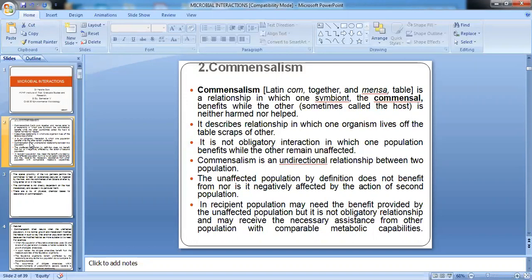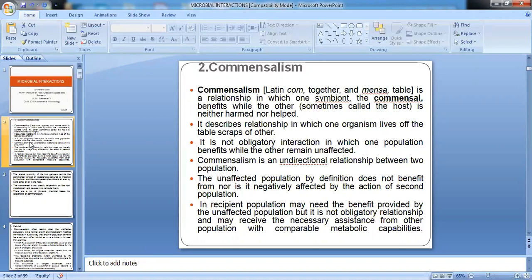It is a relationship in which one symbiont, the commensal, is benefited, but the other participating species, which is called the host, is neither benefited nor harmed. This is very important. The host should not be harmed. Otherwise, if the host is being harmed, the association goes into a negative interaction.